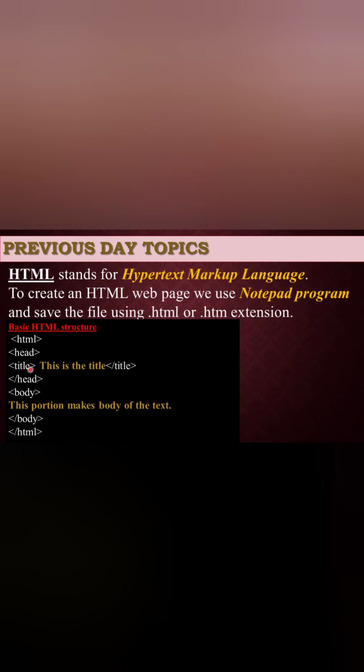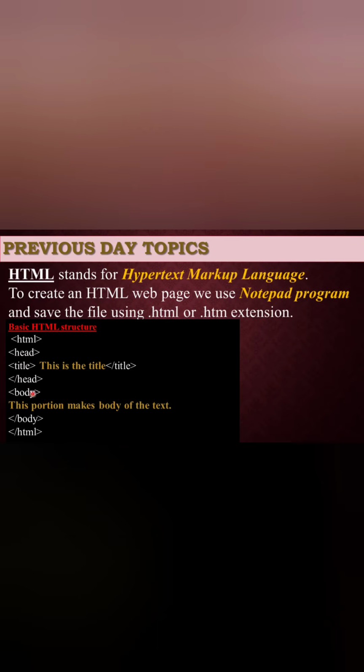Next, title tags. This provides title for your web page. So you have to use this title tag. Then you have to type the title of your web page. Then you have to close the title tag. Okay. Then body tags. This portion makes body of the text. So whatever contents are available or needed in your body portion, that is body.